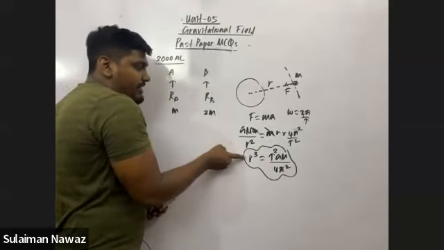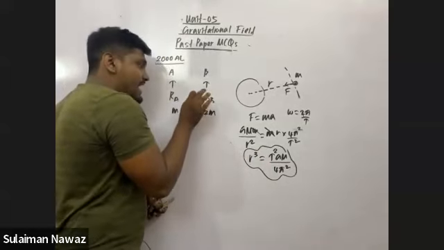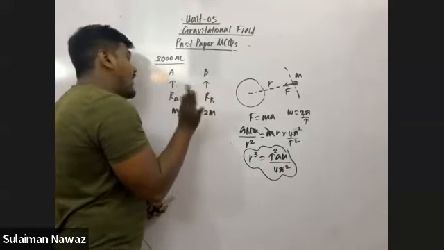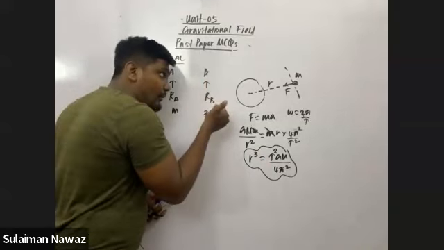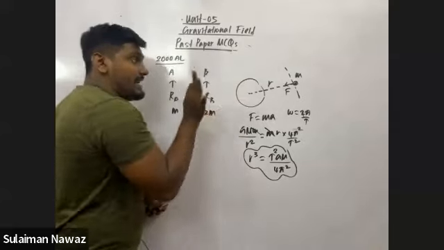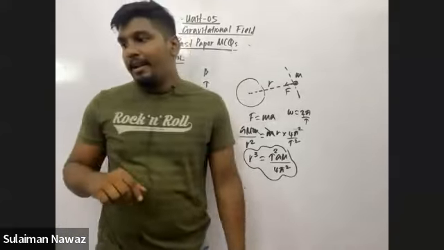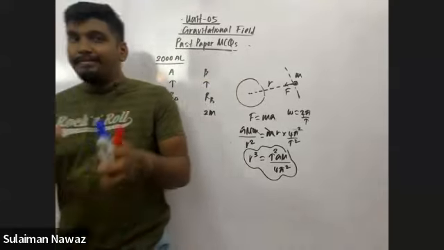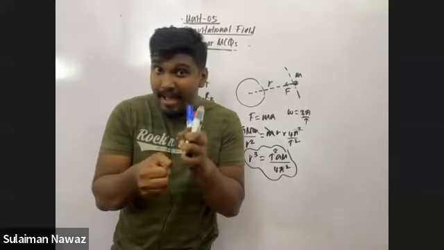The orbital radius of a geostationary satellite depends on its mass. Raise your hand, how many of you say that? The radius of a geostationary satellite depends on the mass of the satellite.